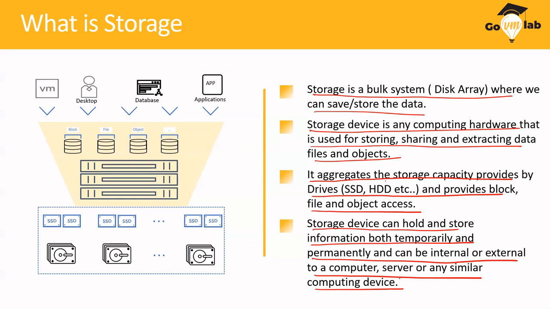For example, your RAM is also storage and your hard drive is also storage, but the nature of the storage is different. RAM just holds your temporary data. When you reboot the system, the memory gets flushed out. That is what primary memory is all about. But whenever you want to store your data permanently, that is where we talk about secondary storage, like hard drives, SSDs, and all those things.